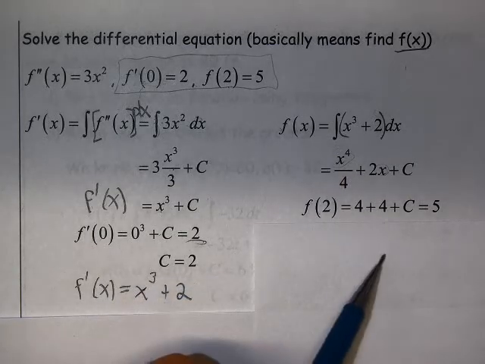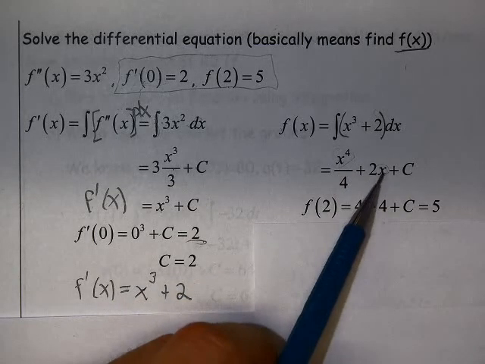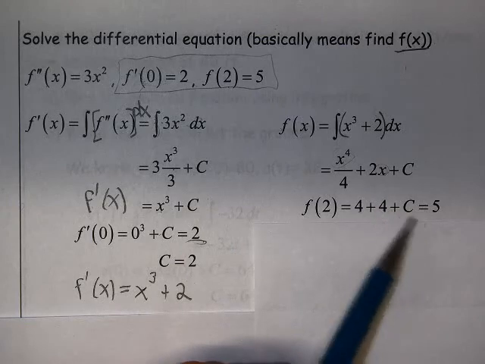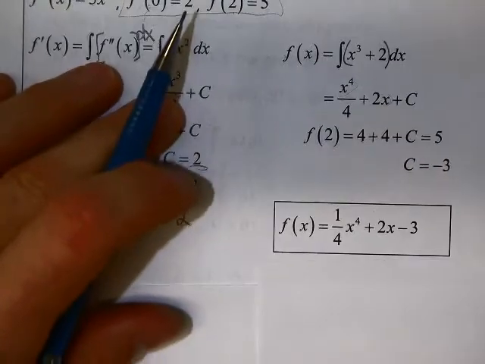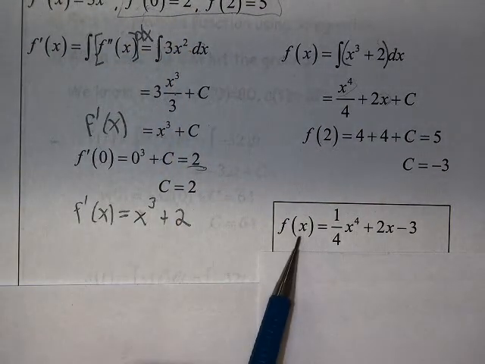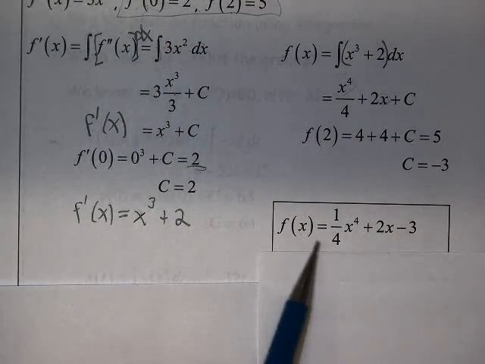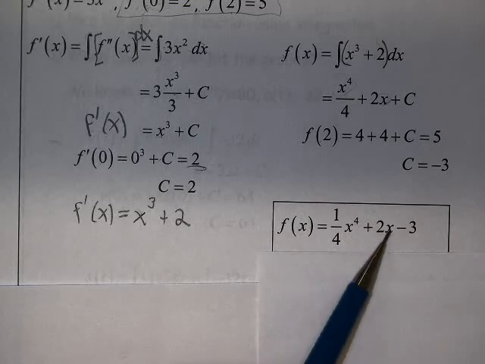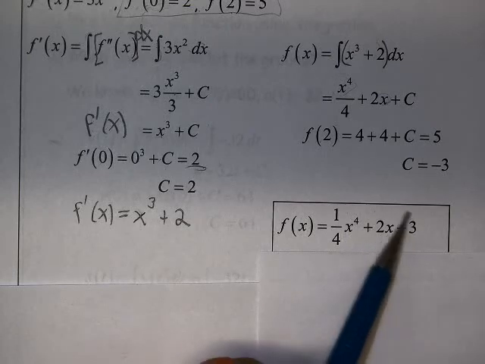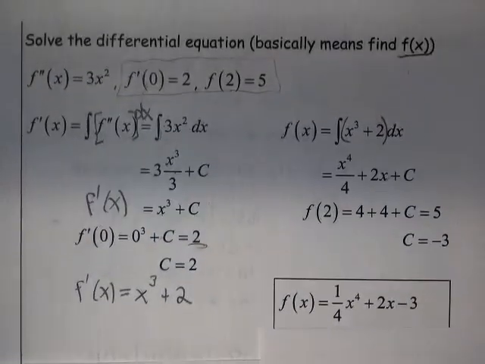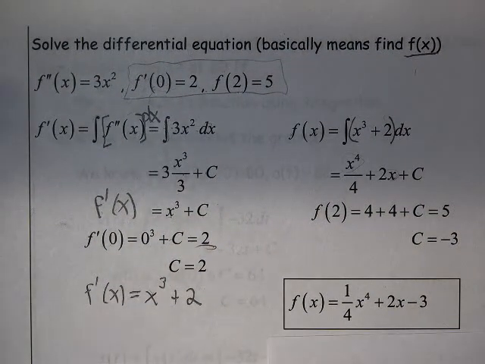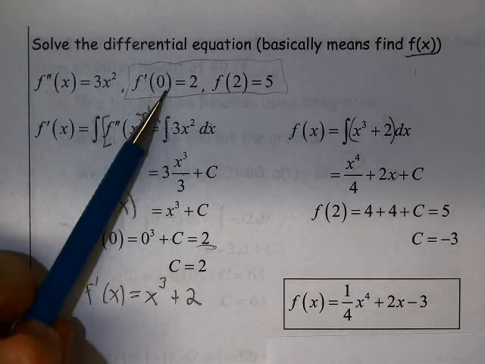So 2 to the fourth divided by 4 is 4, plus 2 times 2 is 4, plus c equals 5. So I get c equals negative 3. So finally, my function itself, f of x, is 1/4 x to the fourth plus 2x, and my c value is minus 3. So that is the solution to that differential equation with these initial conditions.